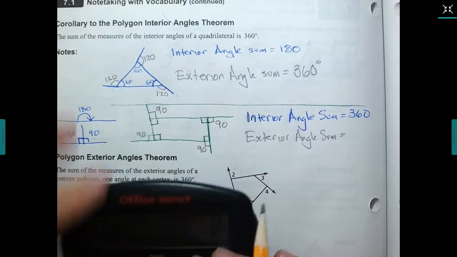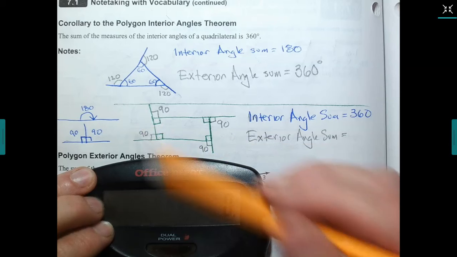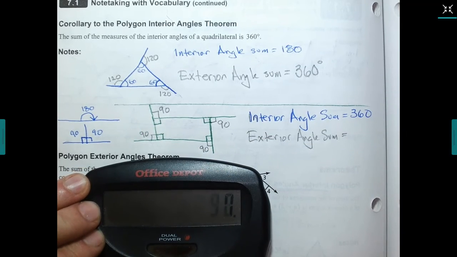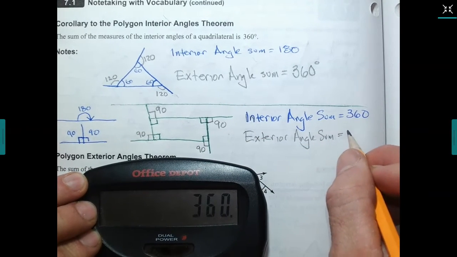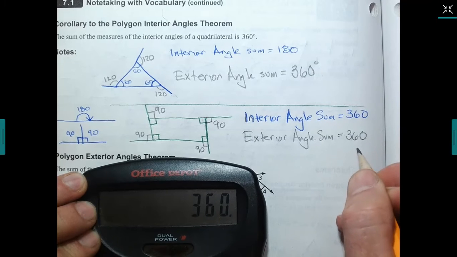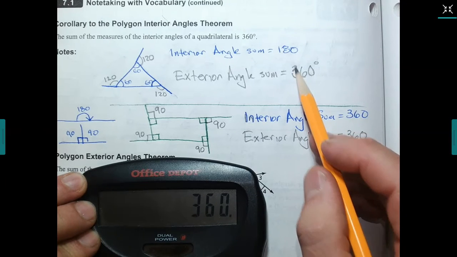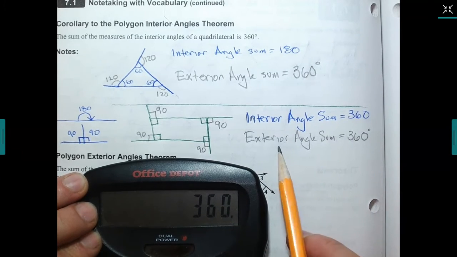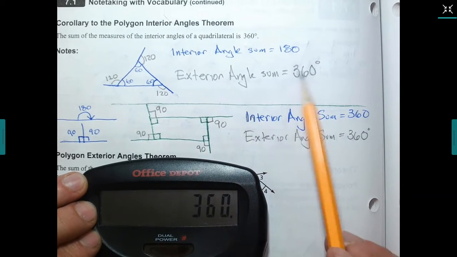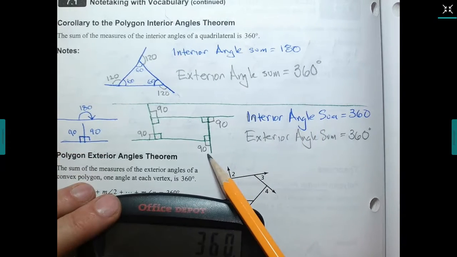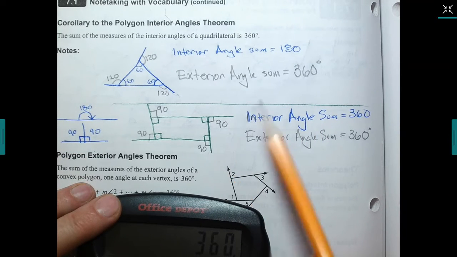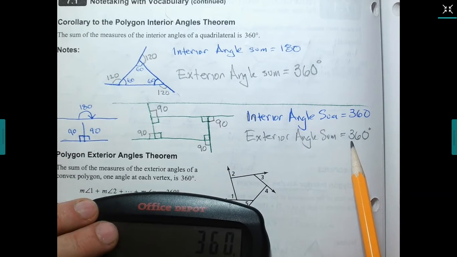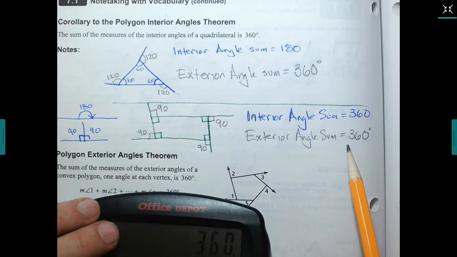So we have 1, 2, 3, 4. 90 times 4, we get 360. Hey, wait a second. 360. Well, that's weird. Our exterior angle sum for a triangle is 360. Our exterior angle sum for a quadrilateral is also 360. Wow.